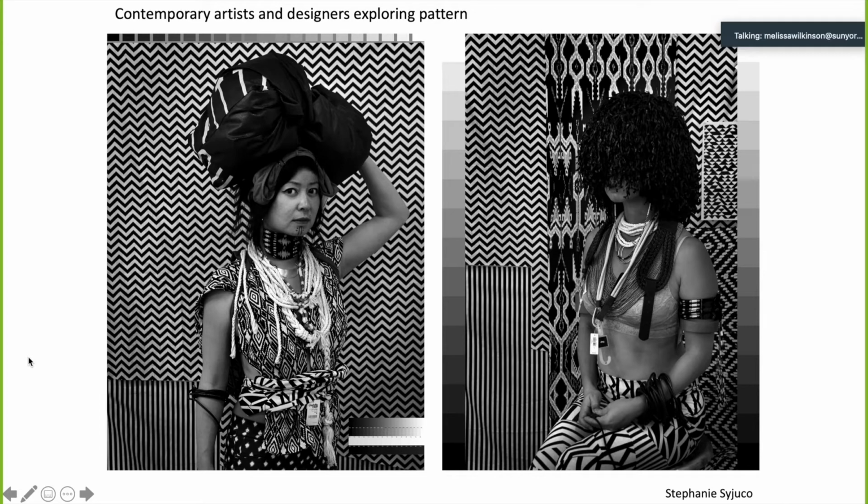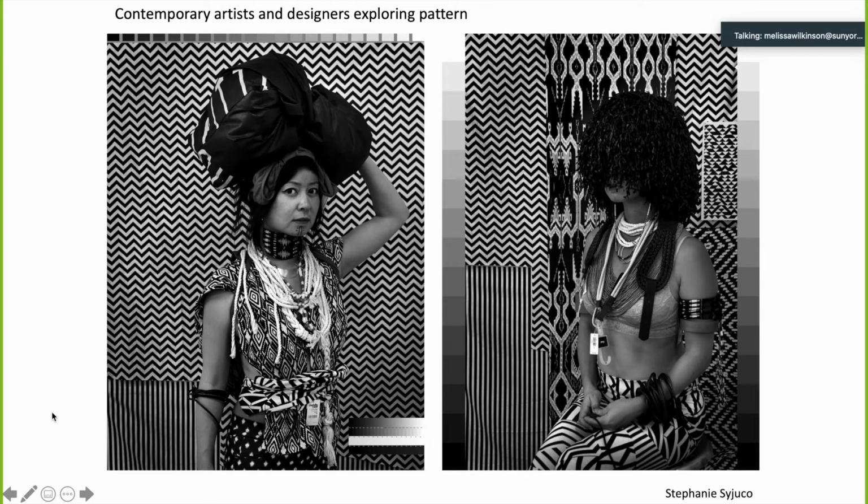Another artist that deals with both appropriation but also pattern is Stephanie Suyoko. And she does these portrait photographs that ultimately mock her background, which is Asian. She's pulling from these Indo-Asian traditions, but she's actually just pulling right off the rack. So you see my little cursor there circulating around the actual price tags that she would find in the store.